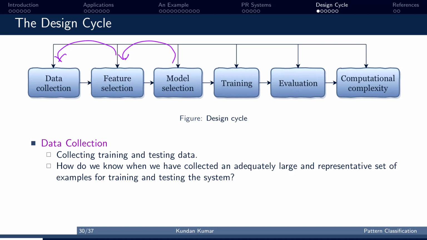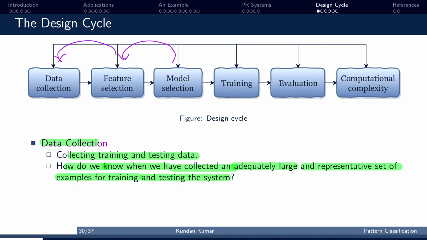In the design cycle, first we collect the data, collecting the training and testing data set. How do we know when we have collected an adequately large and representative set of examples for training and testing?